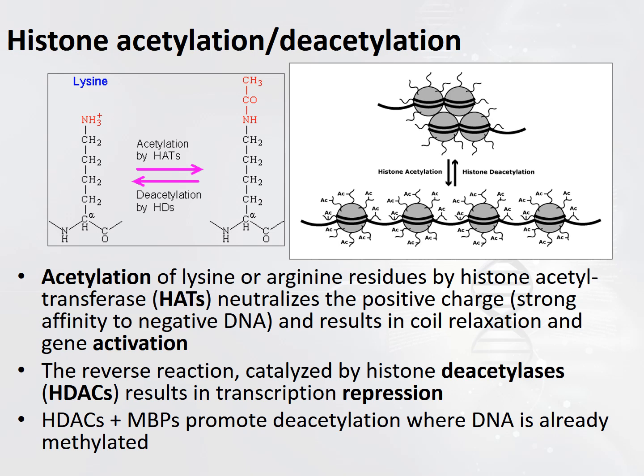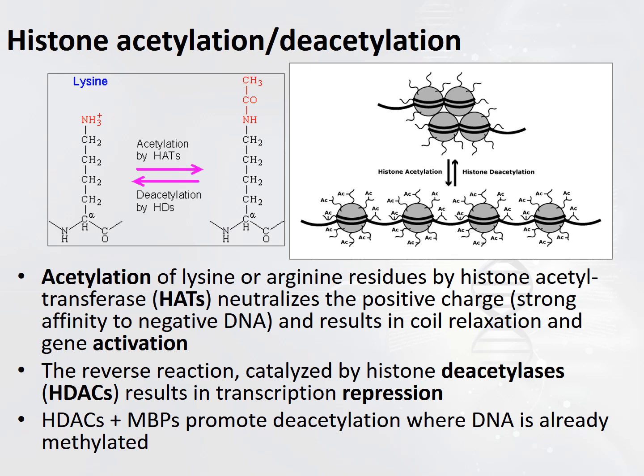These positive charges of histones are what helps them stick to the very negatively charged DNA, and once these positive charges are masked by acetyl groups, the interaction between the histones and the DNA loosens, and the DNA becomes more accessible for transcription.